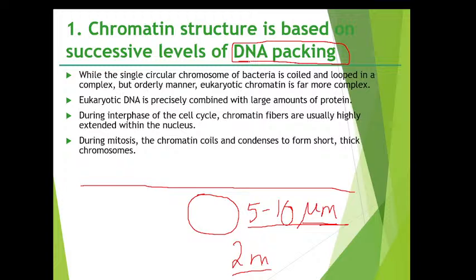It has to be folded very tightly so that it can be kept inside the nucleus. 2 meter long chromatin has to be kept inside a nucleus which is very, very small in diameter. Now let's see one by one the different levels of chromatin organization.